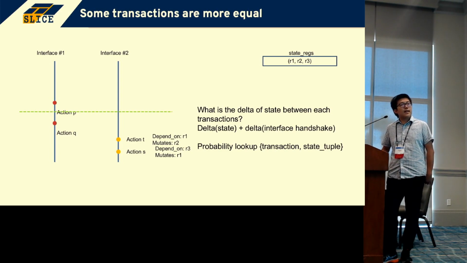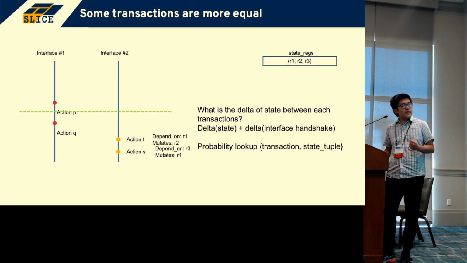Instead of statically using a formal technique to calculate them, which we discovered doesn't scale well because you can have many interfaces in parallel with many FSMs, and that blows up extremely quickly even with this state reduction technique, we actually use the delta of states between transactions as the proxy model for how likely a transaction is to introduce bugs.